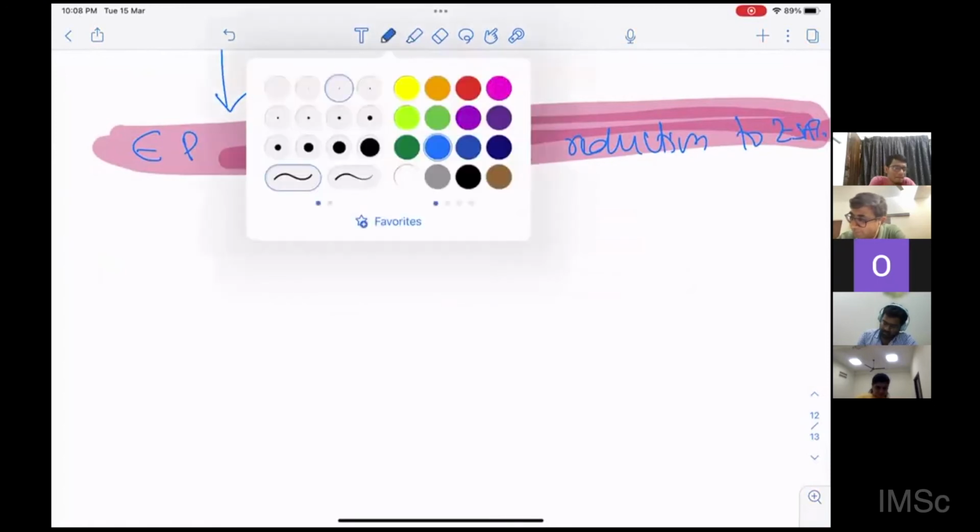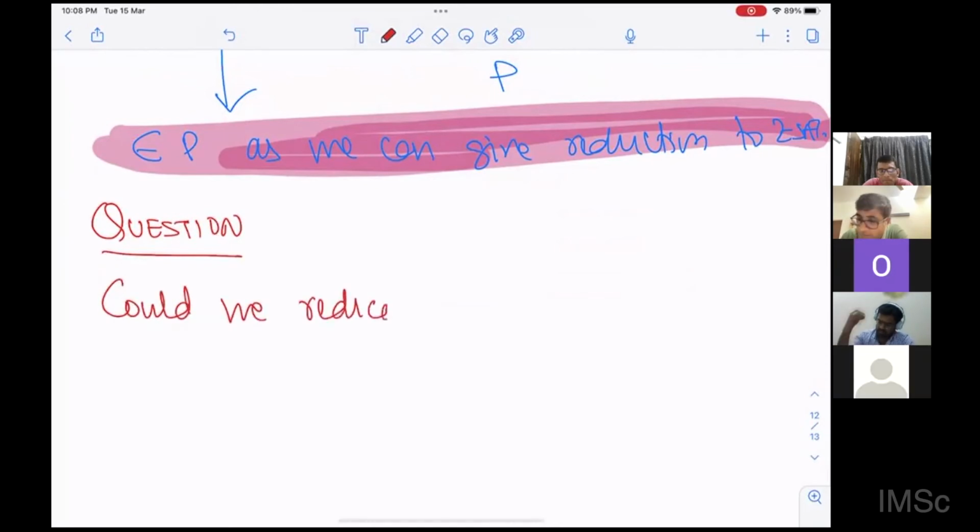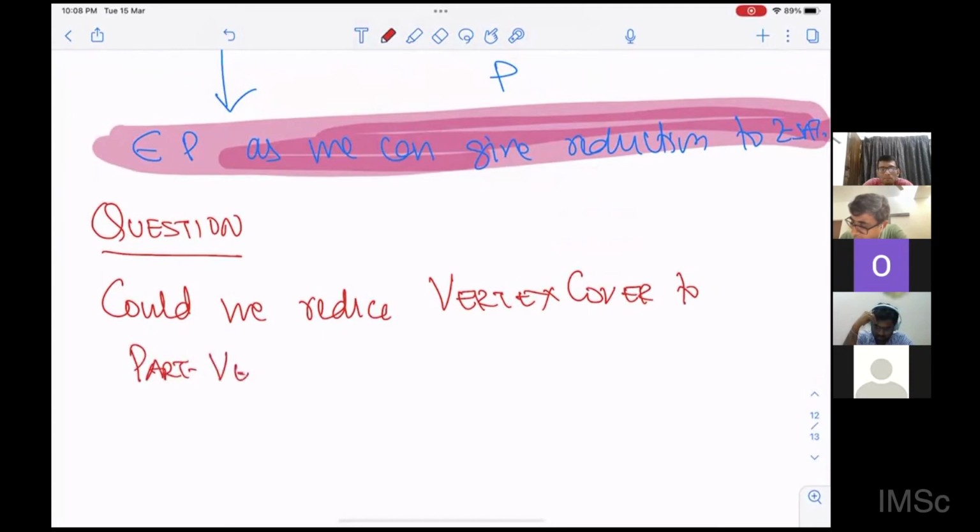Now, question. Could we reduce vertex cover to partition vertex cover?